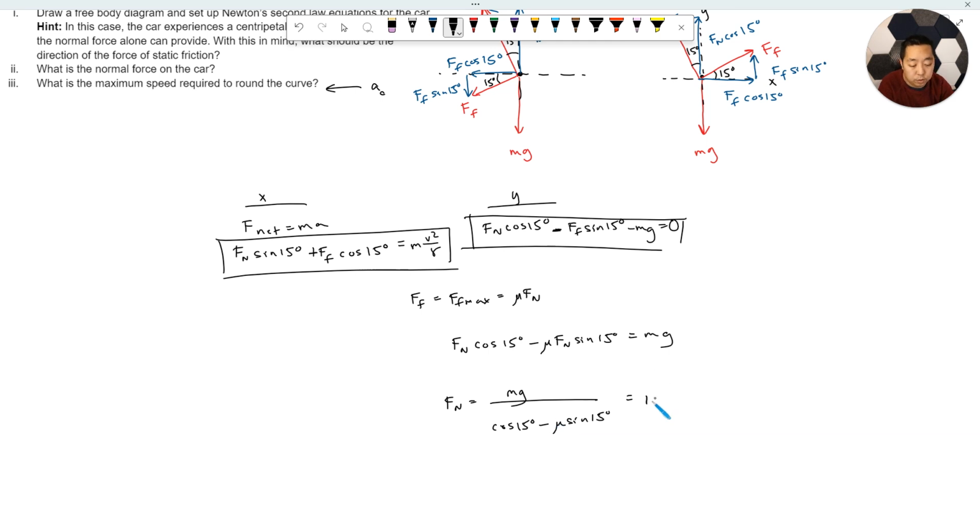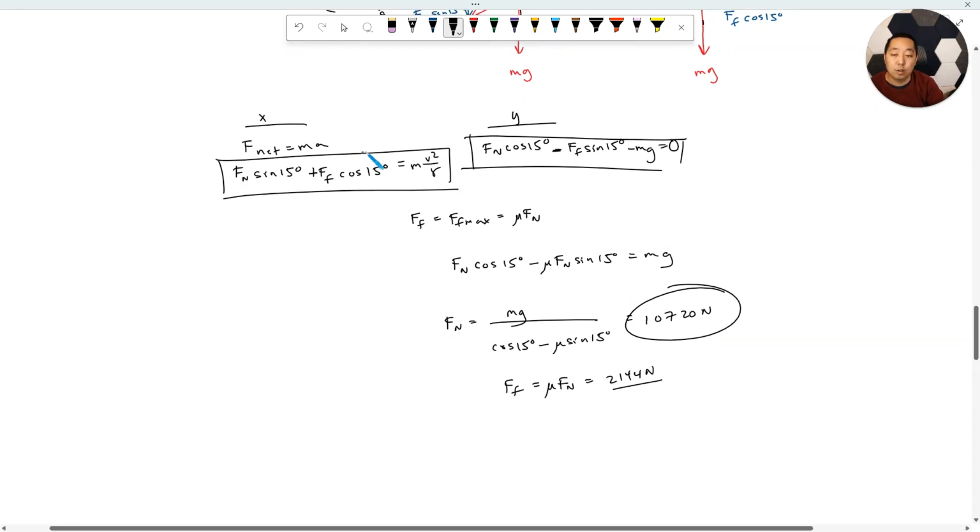And I get 10,720 newtons, which means the frictional force, which is mu Fn, because it's the maximum static friction, is just going to be 0.2 times that number, and that's going to be 2144 newtons. Okay, and then we can use that to solve for v over here.